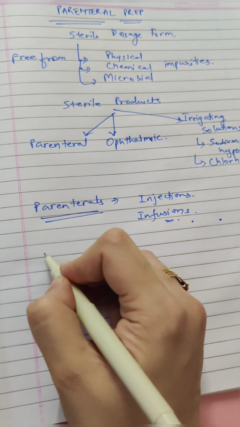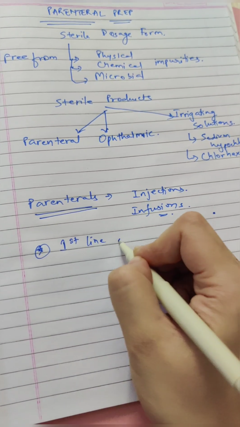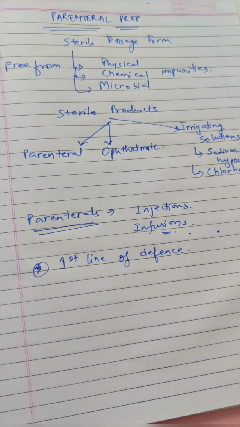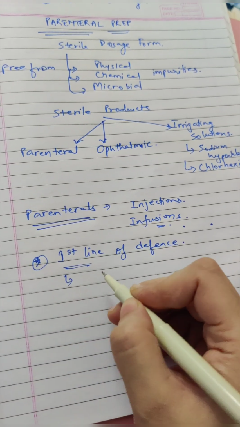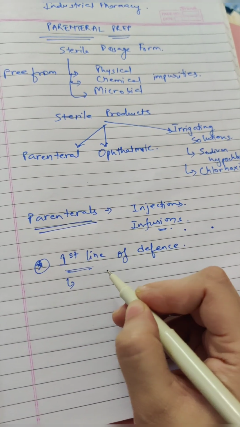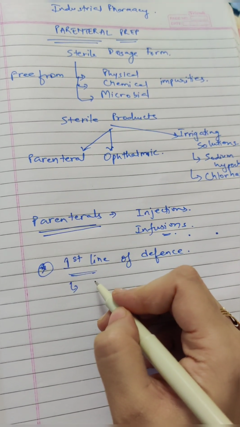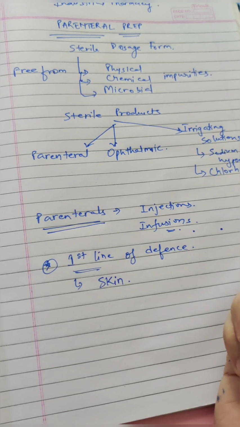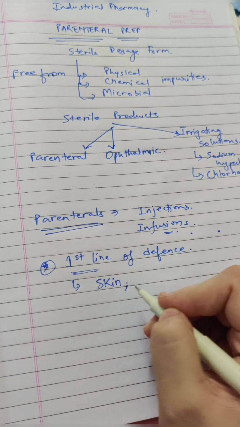Another term that we must know first is the first line of defense. Now, this is the mechanism of body in which body responds to any external object. Okay, so what consists of the body's first line of defense? Skin. Anything that we administer through skin, it will respond to that.